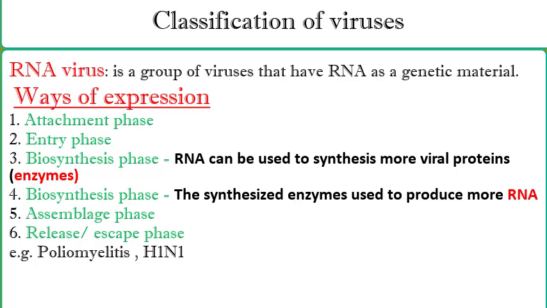Fourth, the synthesized enzymes are used to control the production of more viral RNA. Fifth, the new RNA and new protein assemble into new viral particles. Sixth, the new viral particles leave the host cell. The best examples here are poliomyelitis and H1N1 virus.